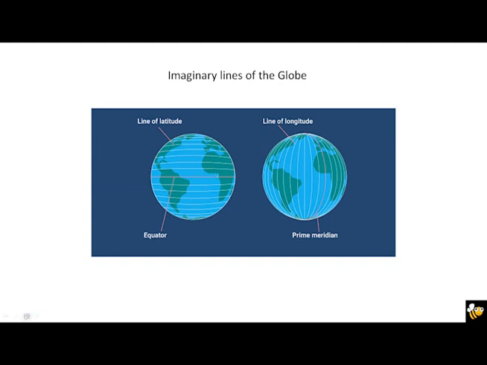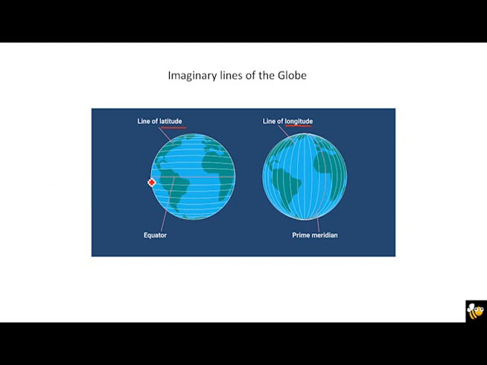We have some other imaginary lines, that is latitude and longitude. What is the meaning of latitude and longitude? These are also imaginary lines, as I have already told you. Lat means horizontal and long means vertical.